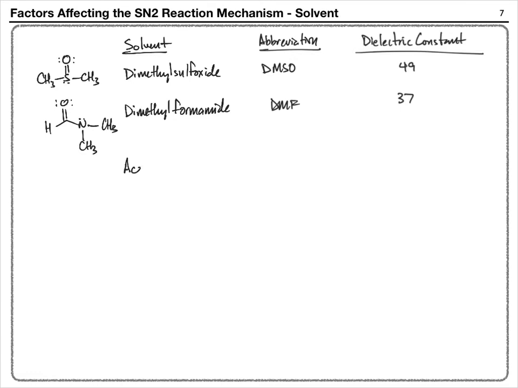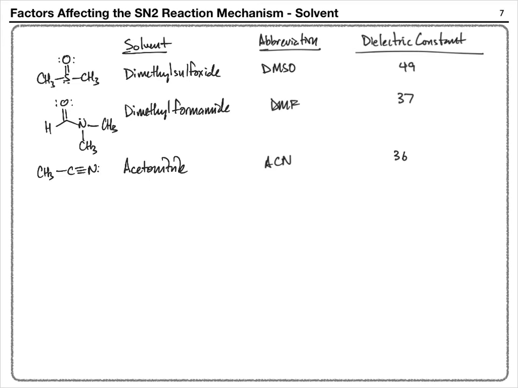Acetonitrile, dielectric constant of 36. Again, what we mean by polar aprotic: they all have polarized bonds. Aprotic, they do not have acidic hydrogens, defined as a hydrogen bonded to a heteroatom. So dimethylformamide, amide.